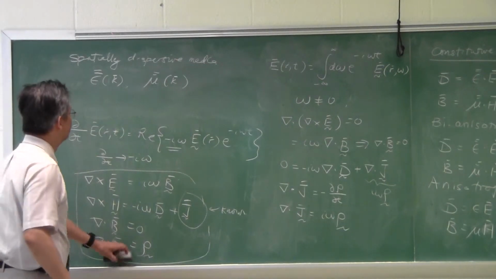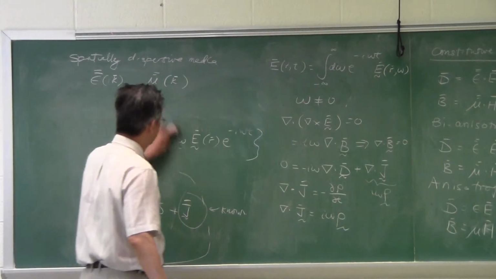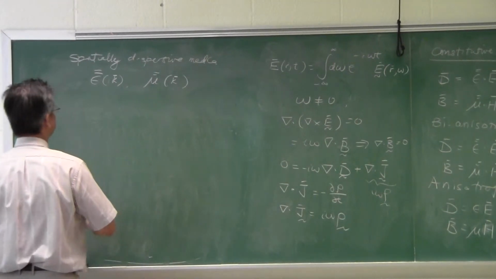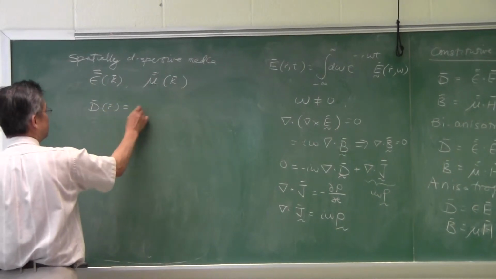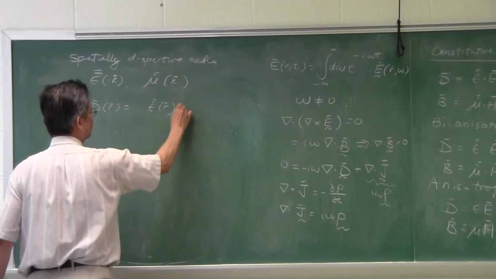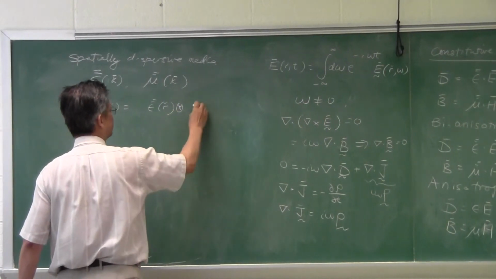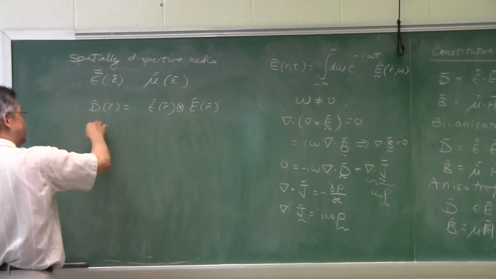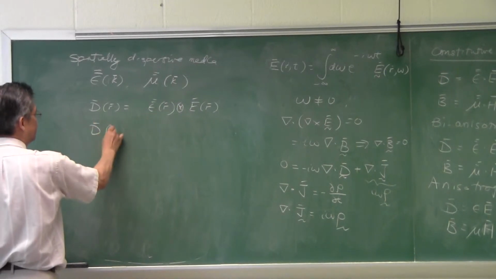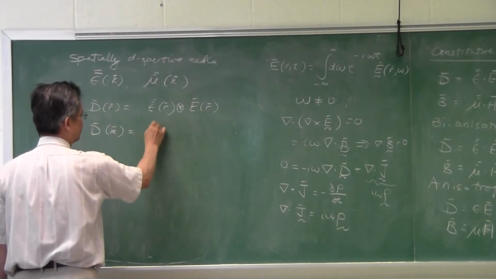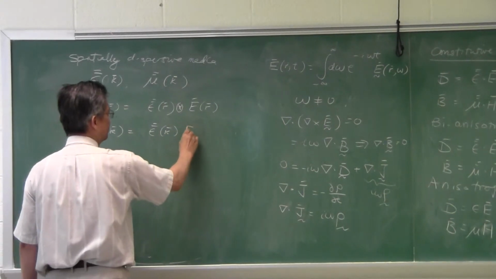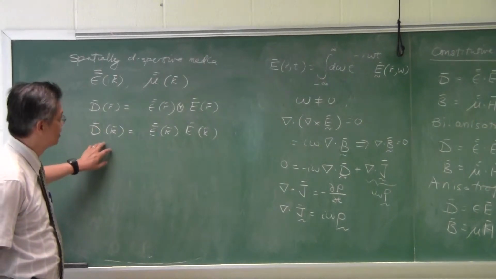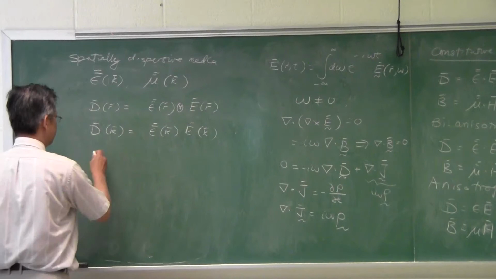In that case, in the spatial domain, D of R would be epsilon of R convolving, in the spatial variable, with E of R. If you take this to the Fourier space by Fourier transforming in space, then this becomes D of K equals epsilon of K times E of K. In order to get this relationship, we have to do a further Fourier transform in space, a spatial Fourier transform.